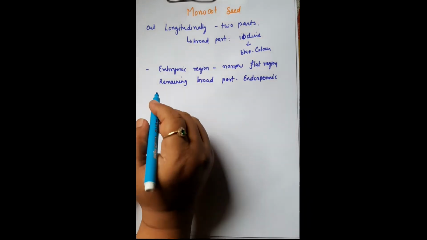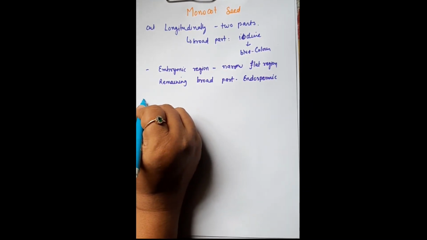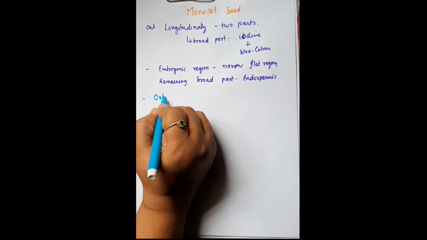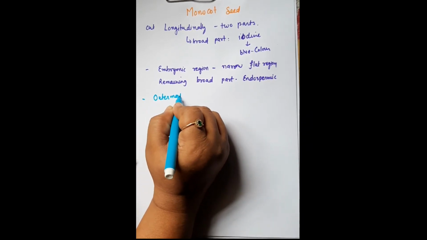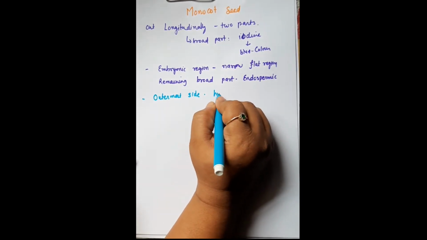Now in the monocot seed, the outermost layer is known as the hull.